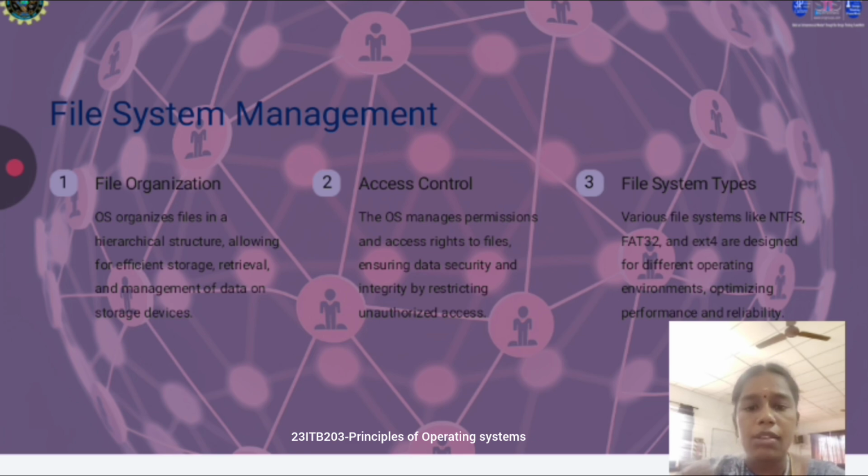The operating system manages the permissions and access rights to the files, ensuring the data security and integrity by restricting the access. Third one will be the file system types. In file system types, we have different file systems like NTFS, FAT, and so on.